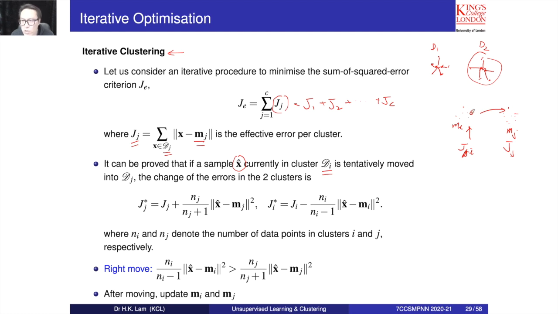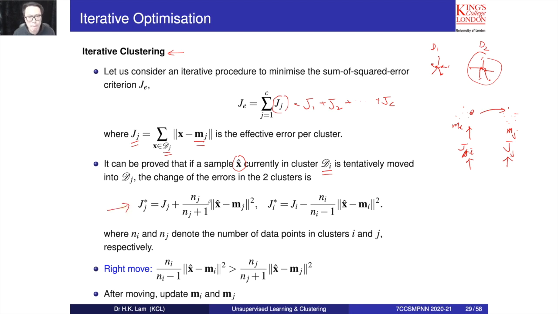If we move one sample from i to j, we want to know how this move changes the cost of Ji and Jj. So this is the result.